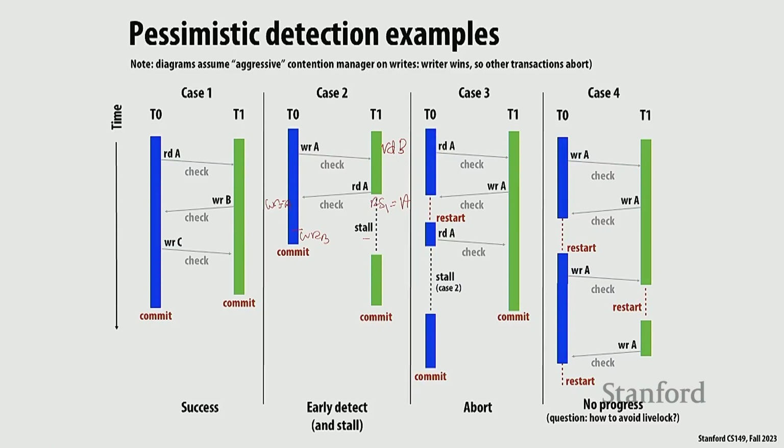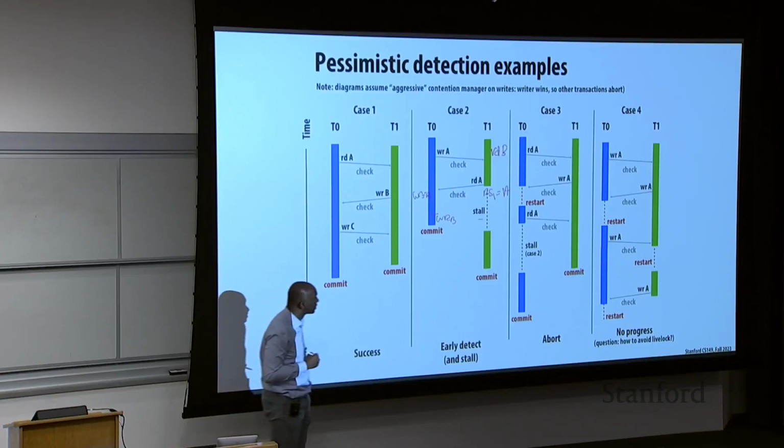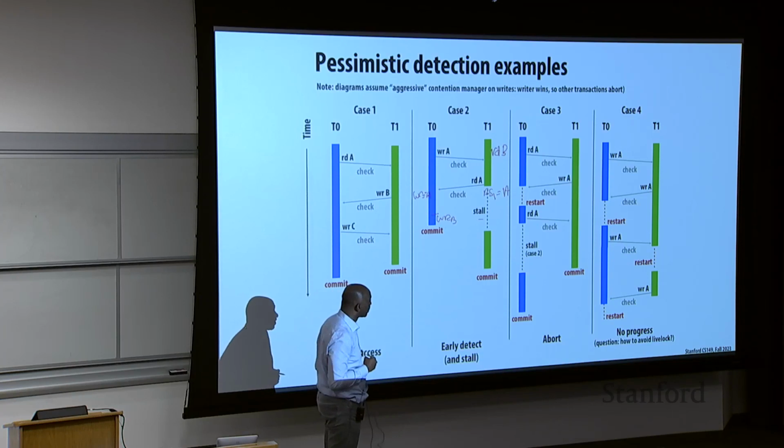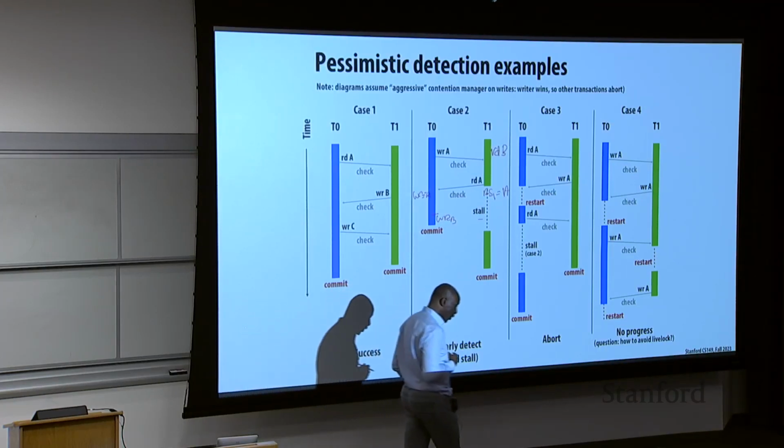Yeah, go. Would you ever design a memory system that would give the reads precedence over the write? Like, cause the writing transaction to abort? Let me think. So you've already written.